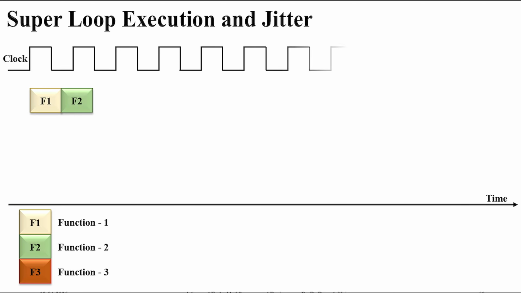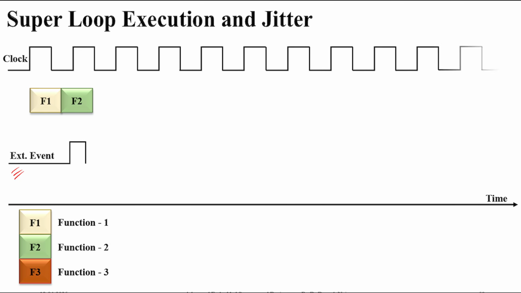Assume function 1 and function 2 are running and they take their share of CPU resources and time to complete their job. And suppose function 3 is dependent on an external event, maybe pressing of a switch or any other event.